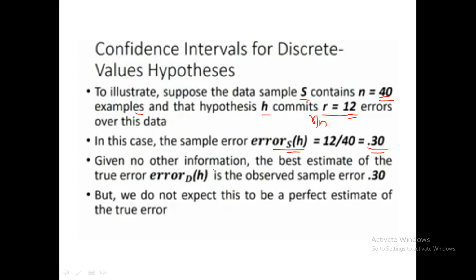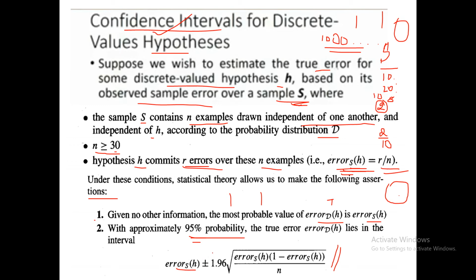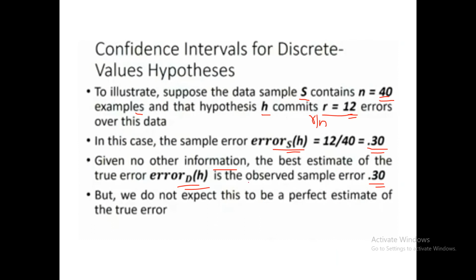Now given no other information, what we want to tell is that the true error in your entire population is the observed sample error, 0.30. With the help of this statistics or the confidence interval, the true error lies between, or is almost equal to, your sample error only.